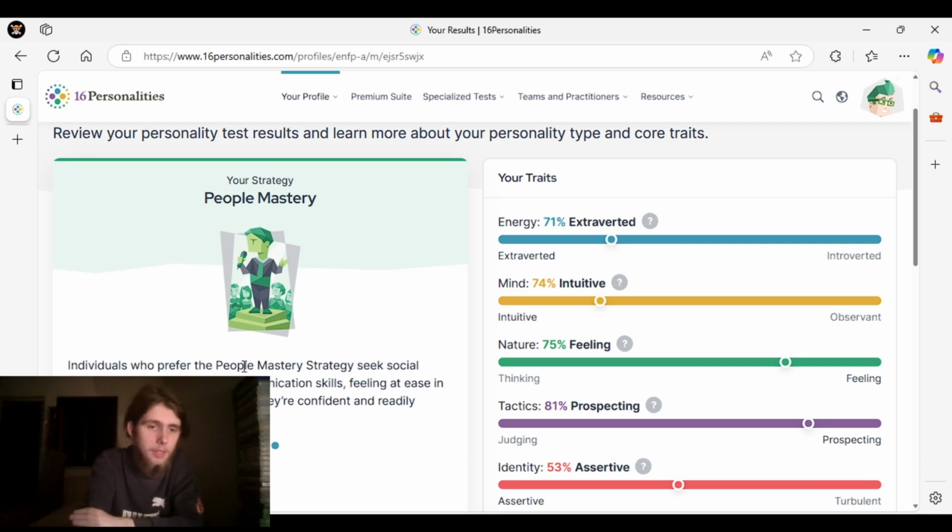Individuals who prefer the people mastery strategy seek social contact and have very good communication skills, feeling at ease in social events or directing others. They're confident and readily express their opinions. I think the last part, at least, does describe me. I'm not entirely sure about everything else, and I don't think I'm actually trying to be that.